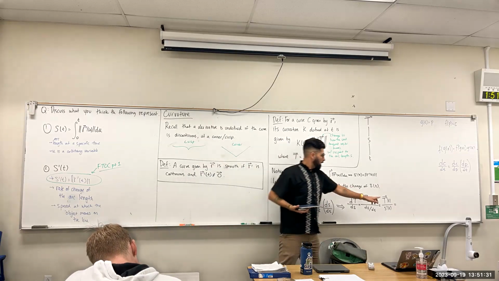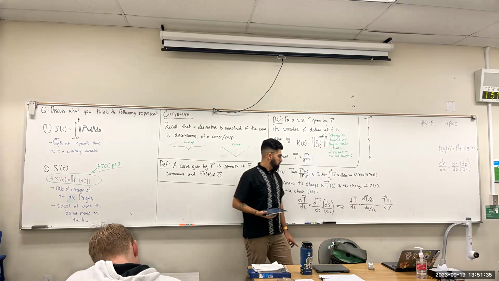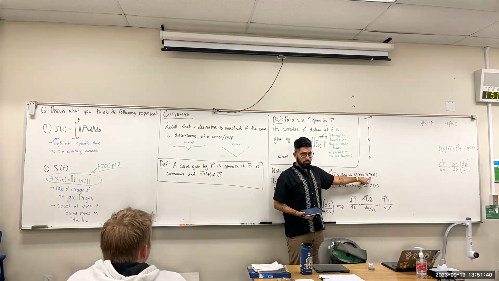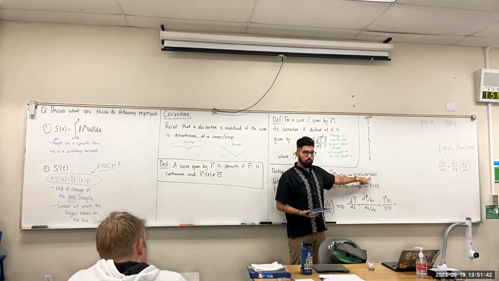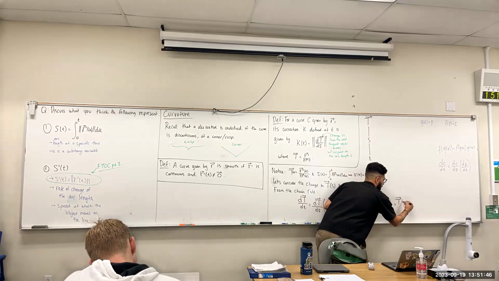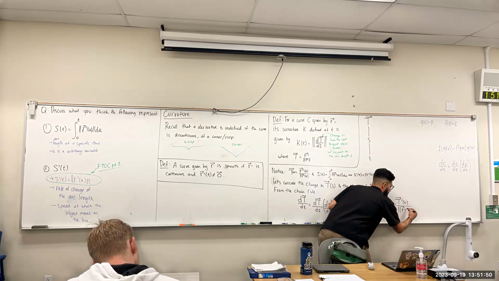What is S prime of little t equal to then? It's equal to the magnitude of R prime. So then this equals T prime of t over the magnitude of R prime of little t.